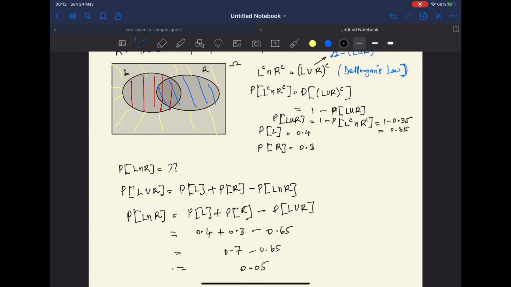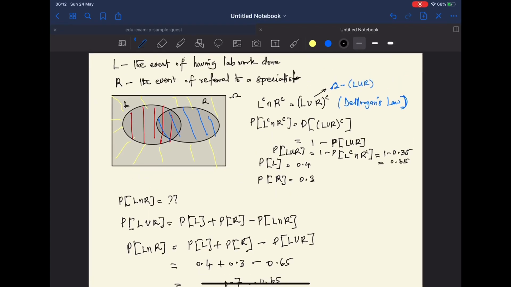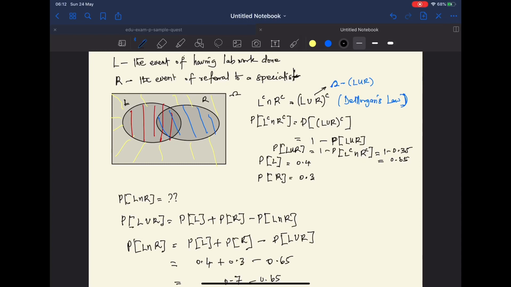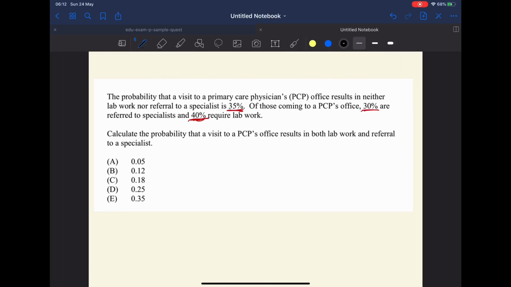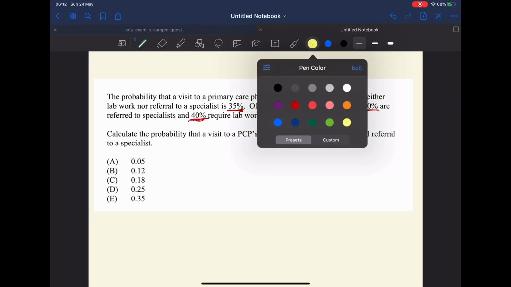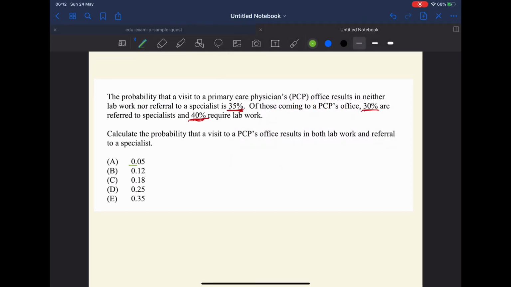So the probability that we have both events happening, lab work done and referral to a specialist, is 0.05, which is our answer, choice A. Alright, so that is the answer to our question.